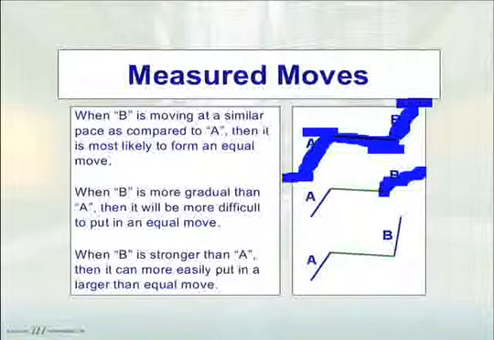So you can have an initial target level based upon this equal or measured move concept, but if the momentum follows through at a more gradual pace once that strategy triggers, then you can go and drop down and look for closer areas of where you might have a resistance level than something that is closer to that equal move level.